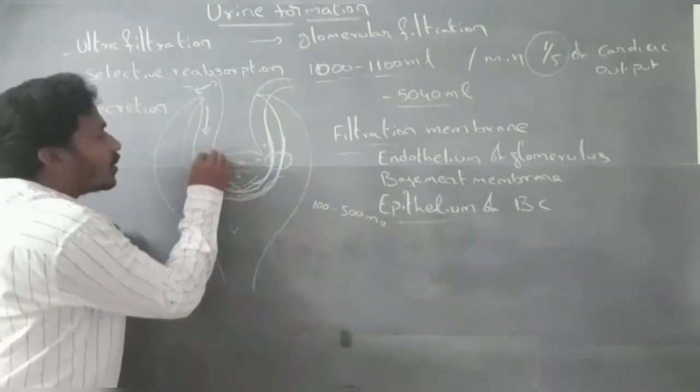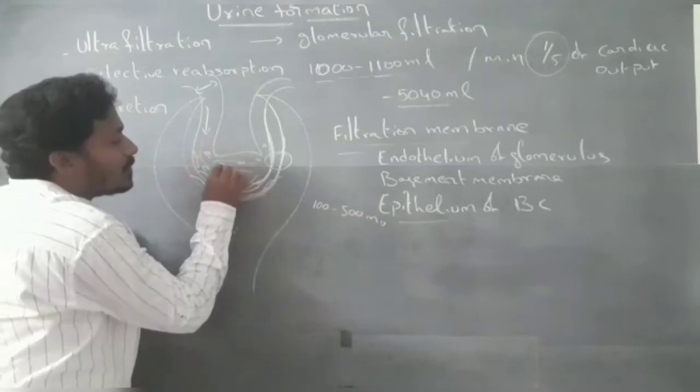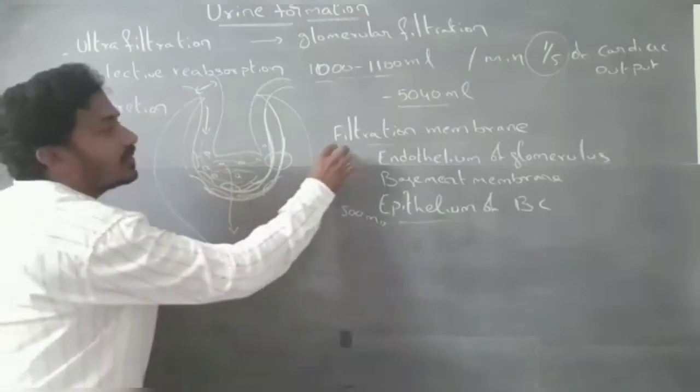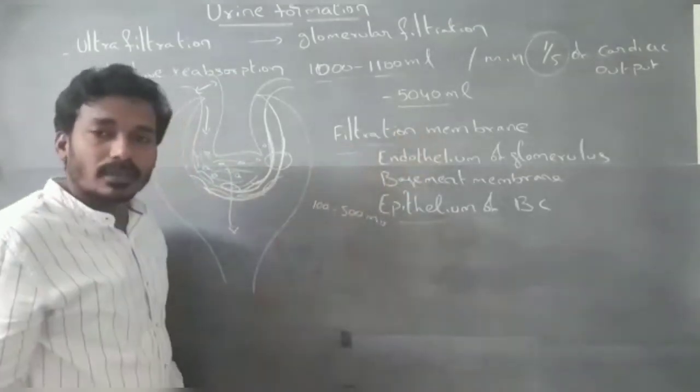So blood plasma present in the glomerulus is filtered through the filtration membrane.